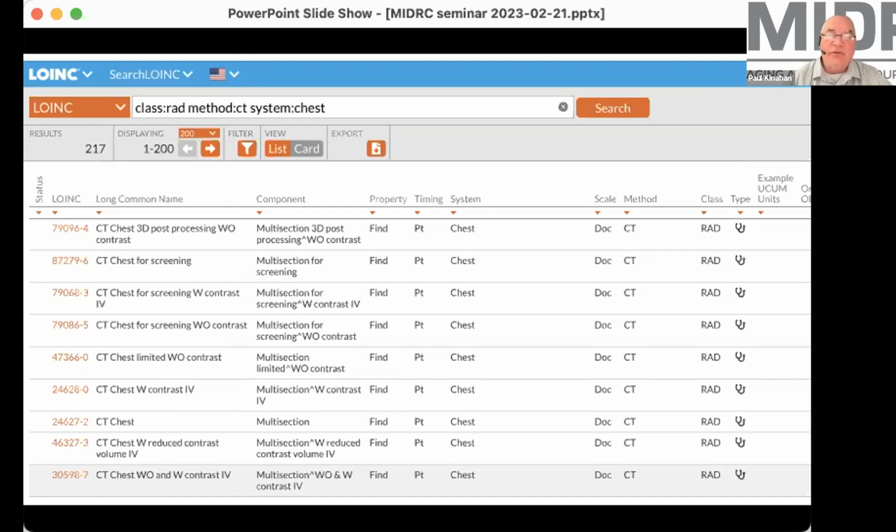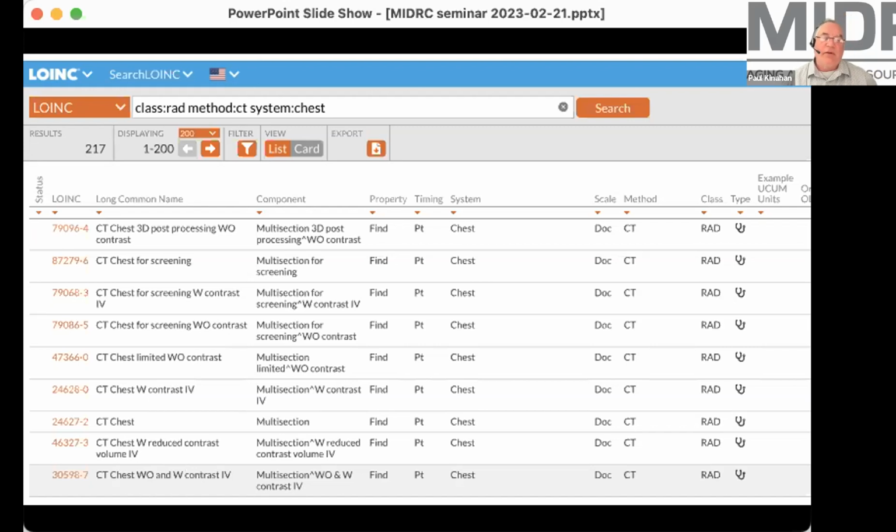One quirk that almost always gives it away, though, is if you look at the bottom row, you'll see CT chest without and with contrast IV. Intuitively, and typically in radiology departments, we always say with and without. But there was a good reason, which I've forgotten, that the LOINC RadLex group agreed on having without and with.